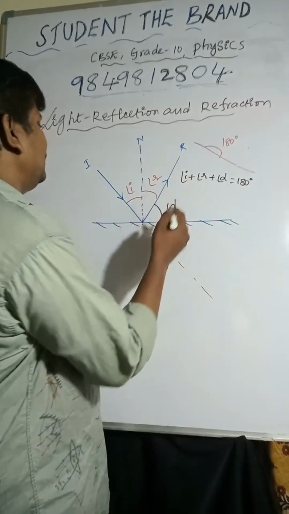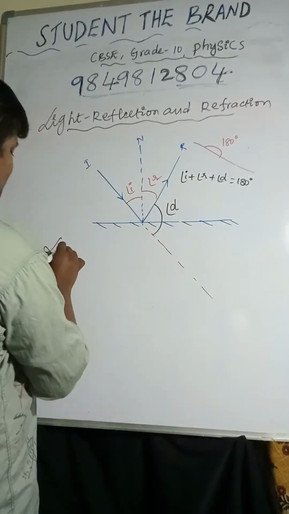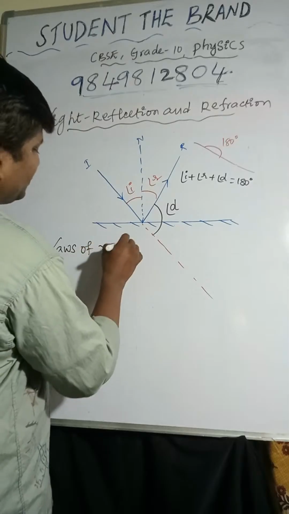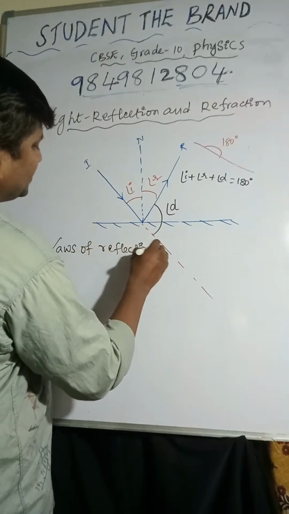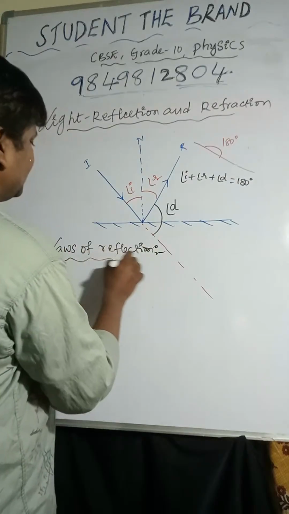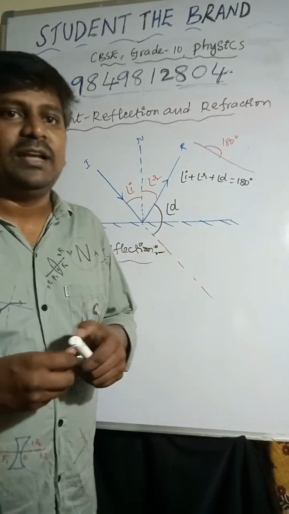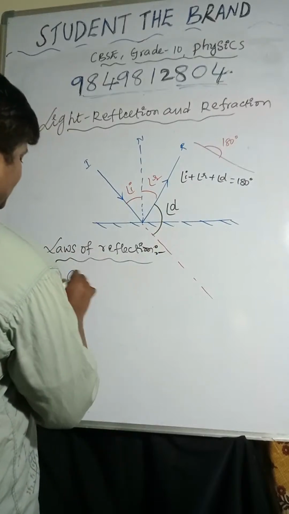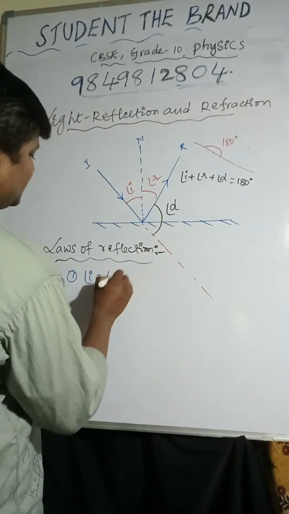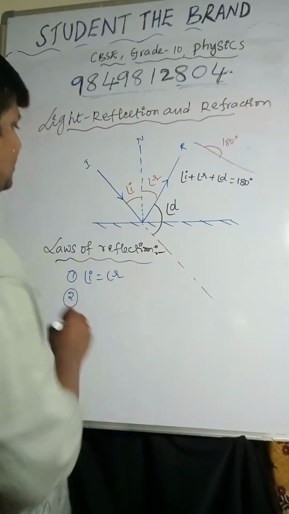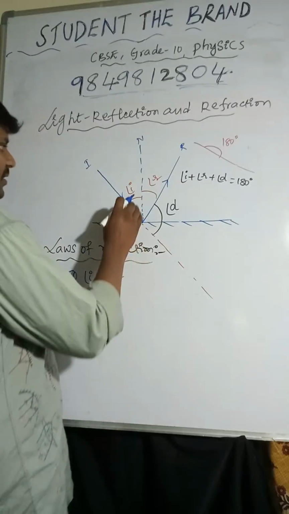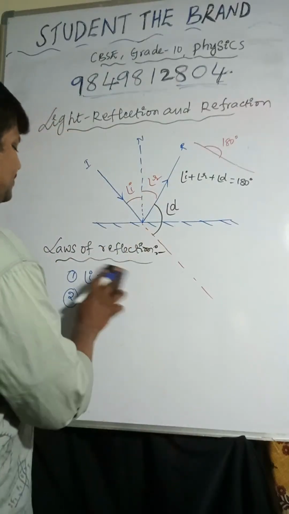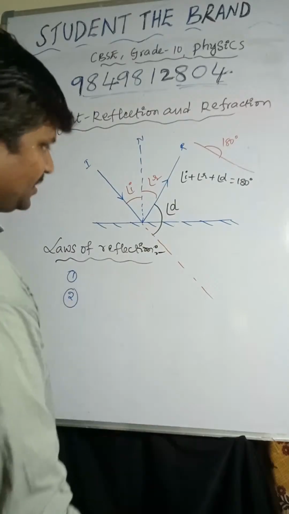Now we can take the laws of reflection. From the laws of reflection, point number one: the angle of incidence is equal to the angle of reflection. Point number two: the incident ray, reflected ray, and normal line lie on the same plane.